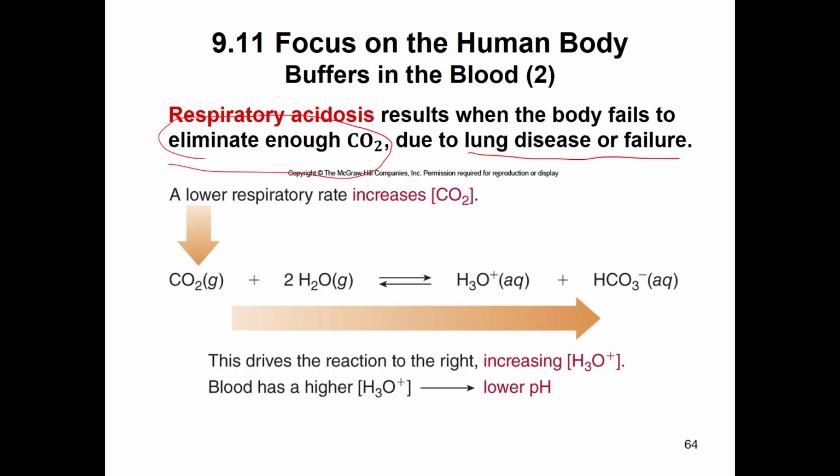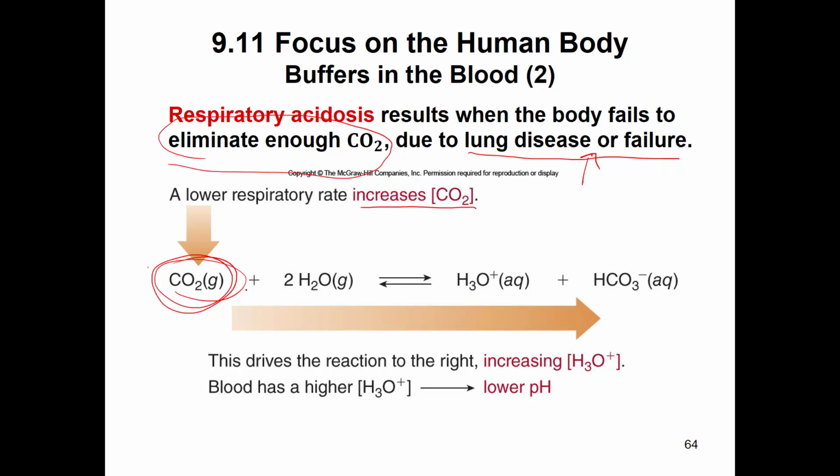If you have a problem with your lungs, you can't fix that problem with your lungs, right? So you're going to have to compensate with your heart rate or something else to try to get that to occur. The reason you have increased CO2 due to lung disease or failure is that you're not getting rid of this CO2 because your respiratory rate is too low.